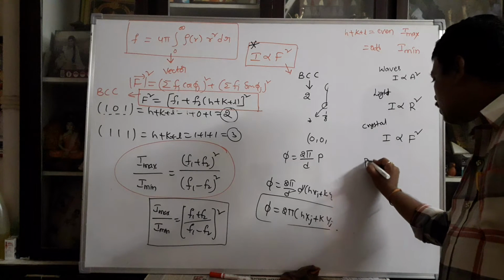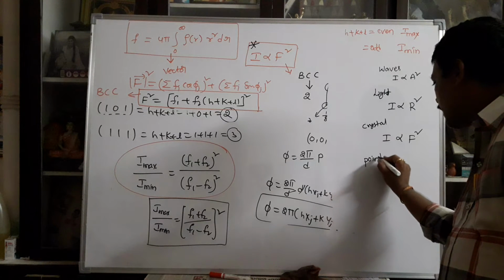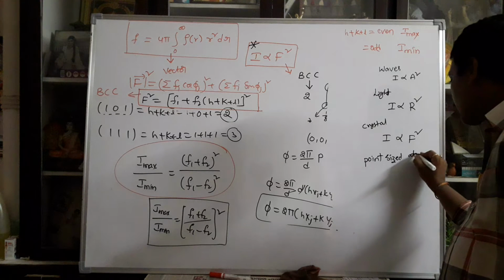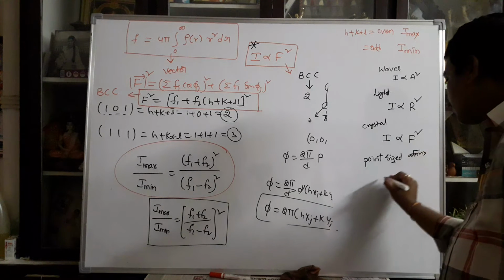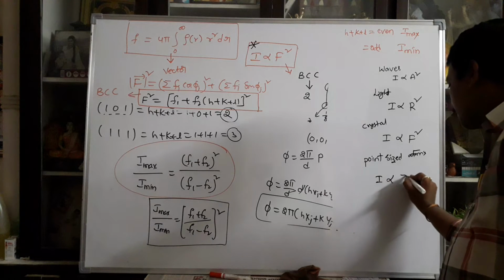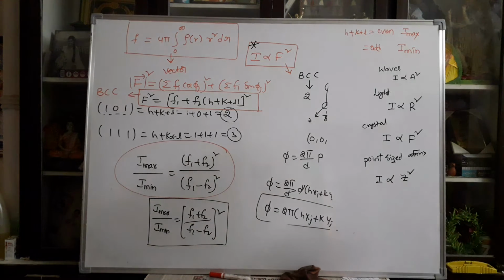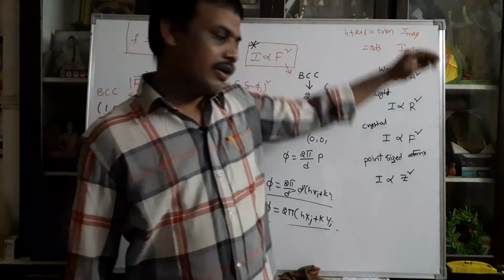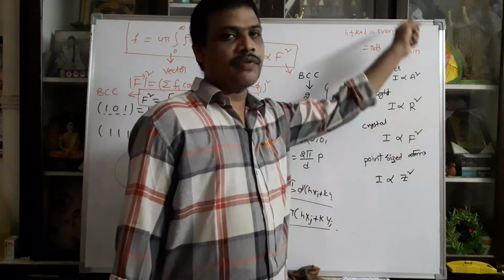Particularly you can consider point-sized atoms. The intensity of diffracted rays I is proportional to Z square. So from the intermediate point of view up to M.Sc level, the intensity has different factors.